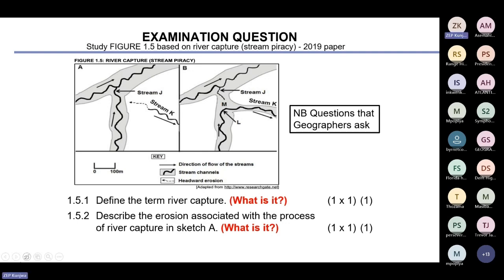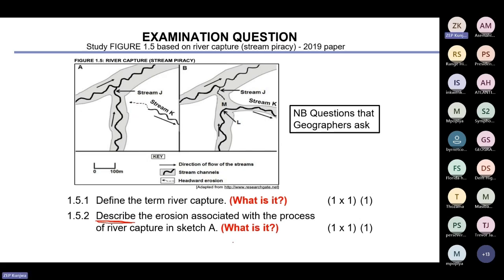Then we look at the erosion associated with A. Describe the erosion associated with the process of a river capture at A. That is your headward erosion, the erosion towards the head.